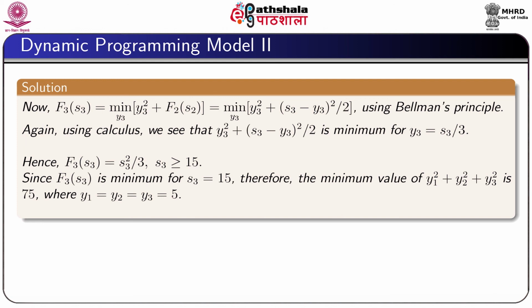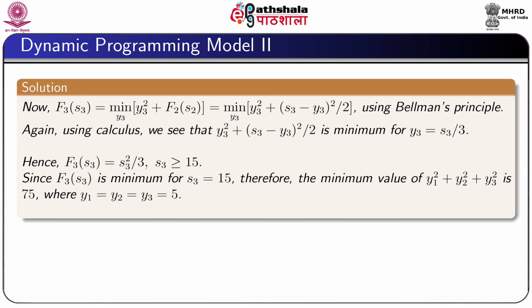Now, we again use calculus to find the value of Y3 which minimizes Y3 square plus (S3 minus Y3) whole square by 2, and we find the value of Y3 as S3 by 3. Hence, capital F3(S3) equals S3 square by 3, where S3 is greater than or equal to 15.